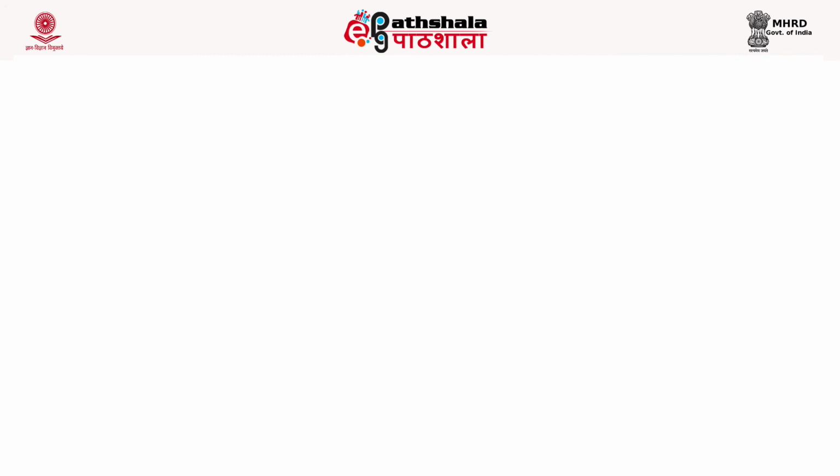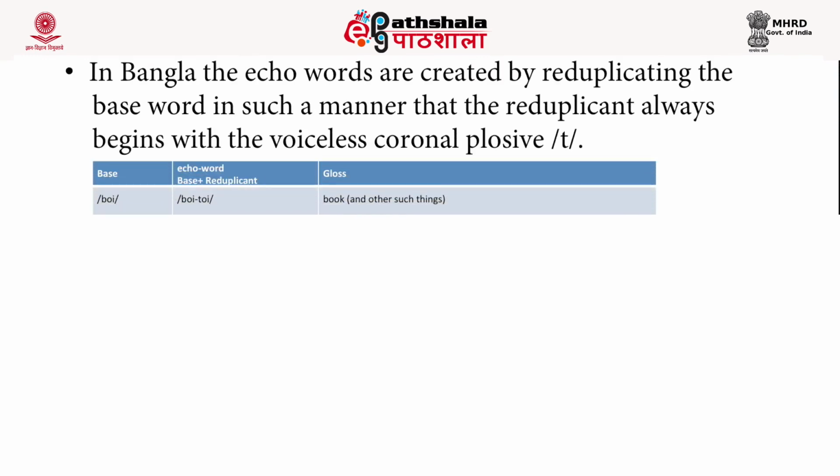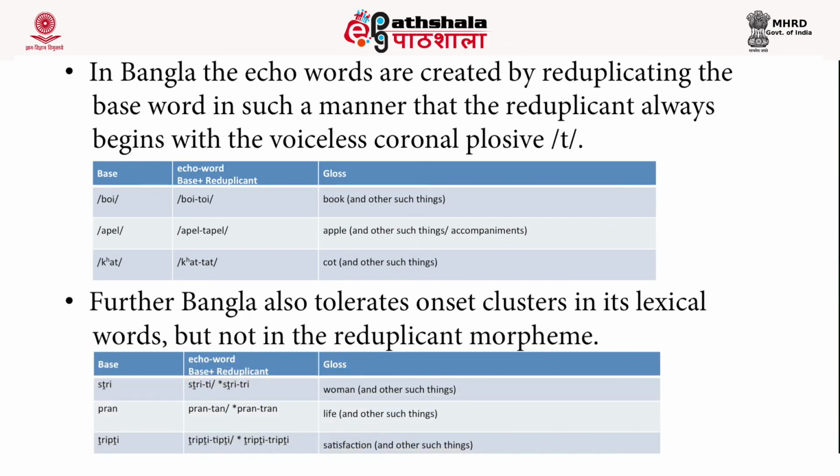For example, in Bangla, the echo words are created by reduplicating the base word in such a manner that the reduplicant always begins with the voiceless coronal plosive t. Like book, you call it boy toy, and apple, you would call it apple tapple, and then khata, similarly it goes on.